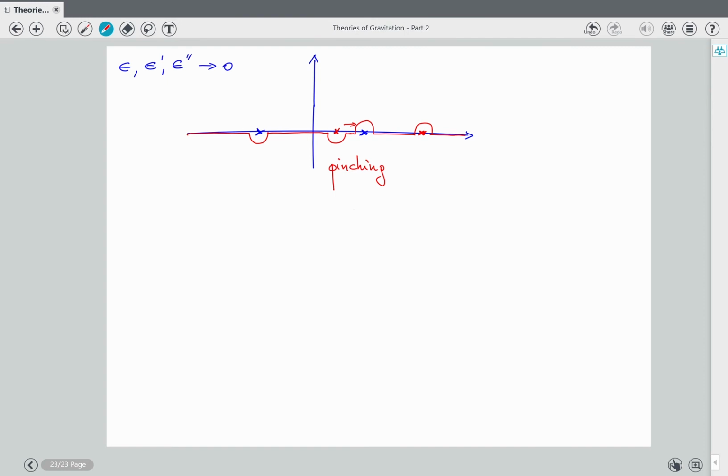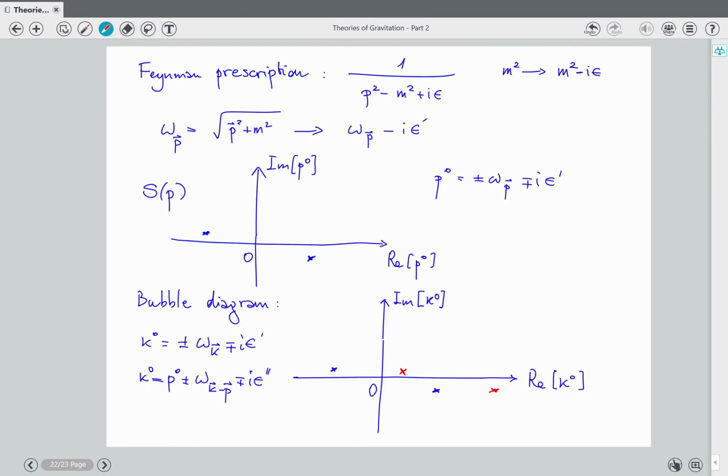And you can compute when that happens because it's the coincidence of the two poles. The right one of the propagator with no P, so the right one of this with the left one of that. So the right one is K0. We can forget about the epsilons now because they have been taken to 0.